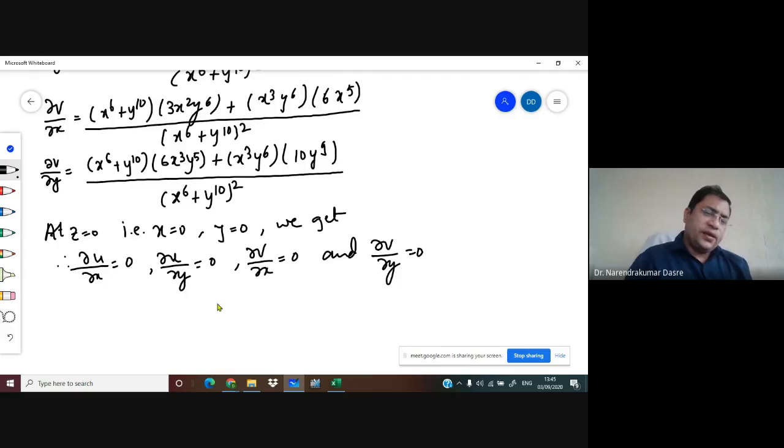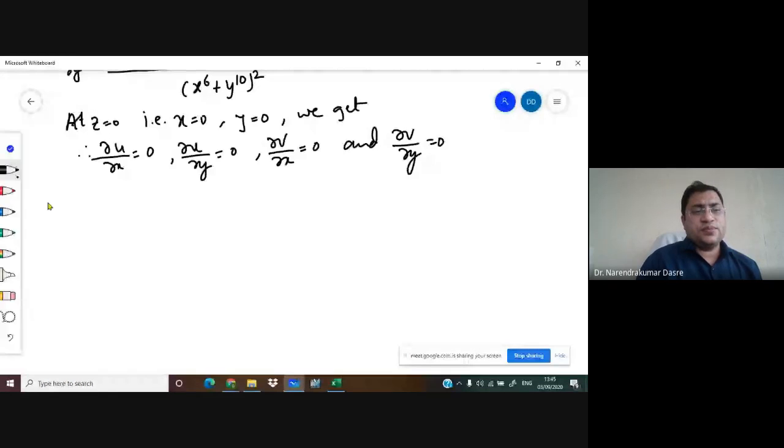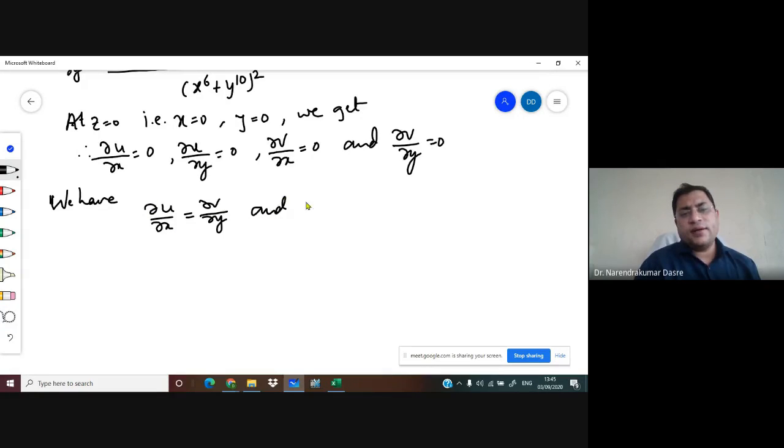This way every derivative will turn out to be 0 at 0, and hence we can easily say that the CR equations are satisfied. That is, we have ∂u/∂x = ∂v/∂y, and ∂u/∂y = -∂v/∂x.